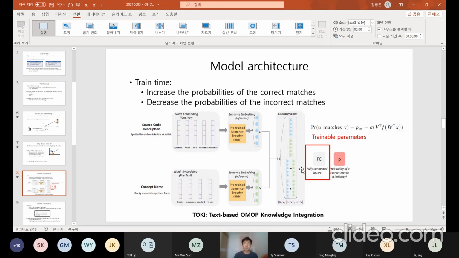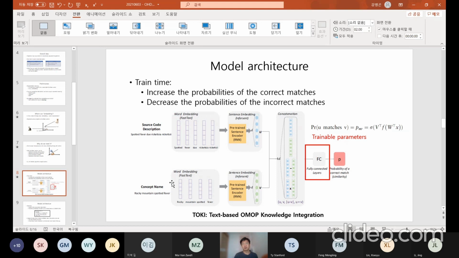And given that, this red box will output a single number between 0 and 1, and that's going to indicate the probability that these two inputs should be a match or not. So if it's closer to 1, then it should be a matching. If it's closer to 0, it's probably not a correct matching. At least that's what we intend it to be in the ideal case.